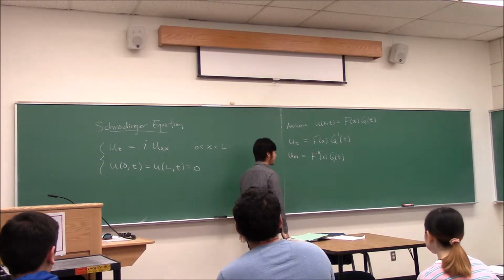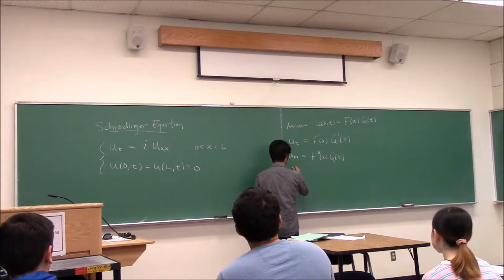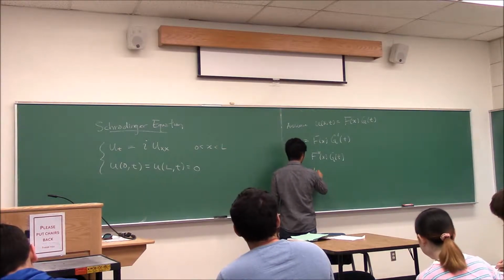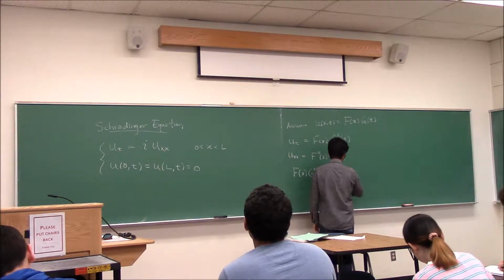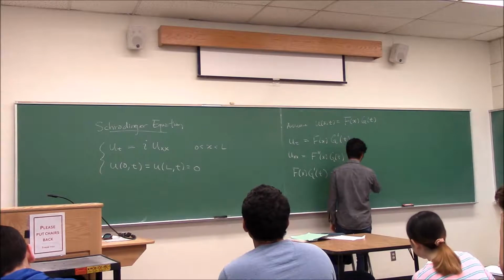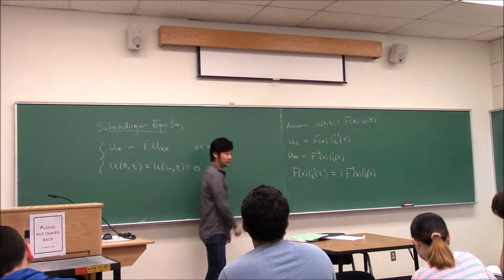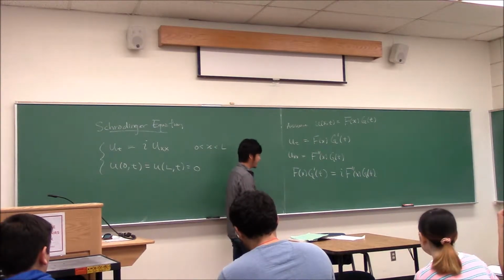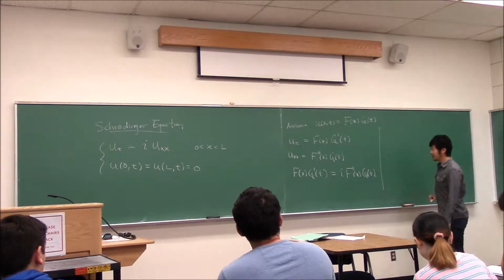Okay? And so when we plug that into the Schrodinger equation, we get f of x times g prime of t, that's u_t, is equal to i times f double prime of x times g of t. Okay. And now if we divide both sides by f and g, then we get something like this.